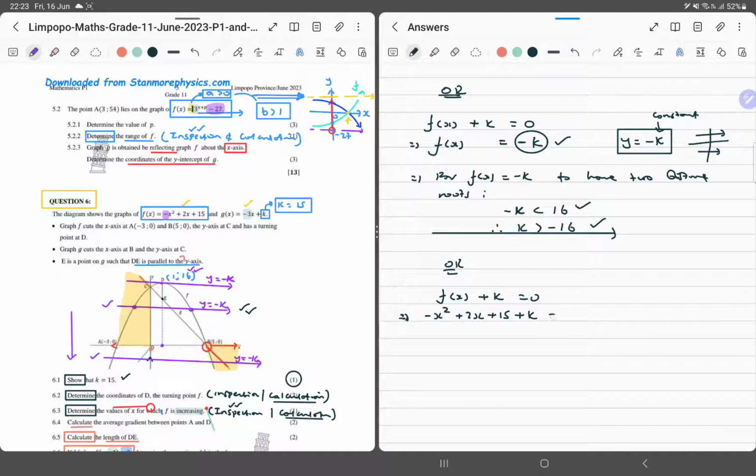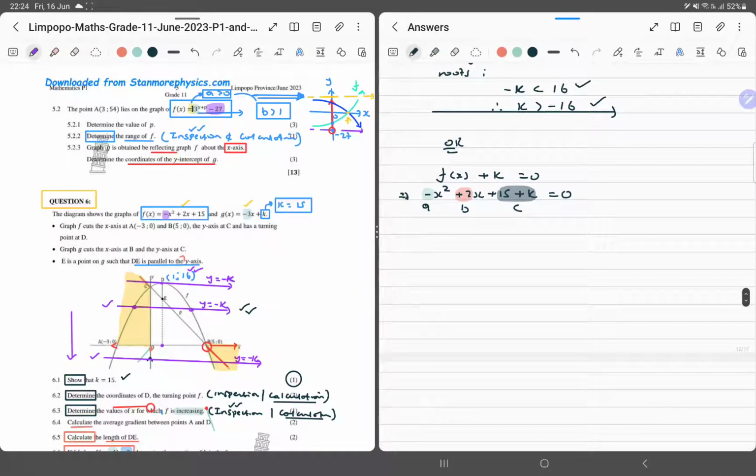Certain forms are very useful. Now we can see our graph is in standard form because we've got our a value there, which is the coefficient of x squared, and then we've got our b value, which is the coefficient of x, and then we've got our c term over there.